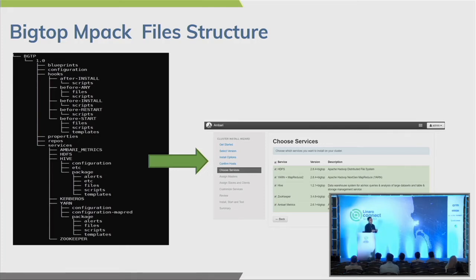Also, they will do some system initialization and environment configurations. The other part is the service definitions. And if everything is okay, users can easily and directly select the services they want in the Ambari Web UI, just like this picture shows.